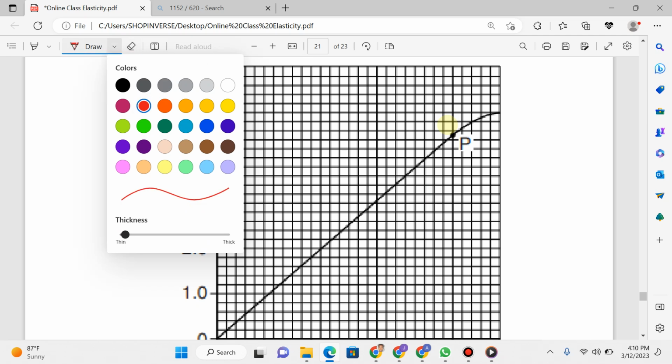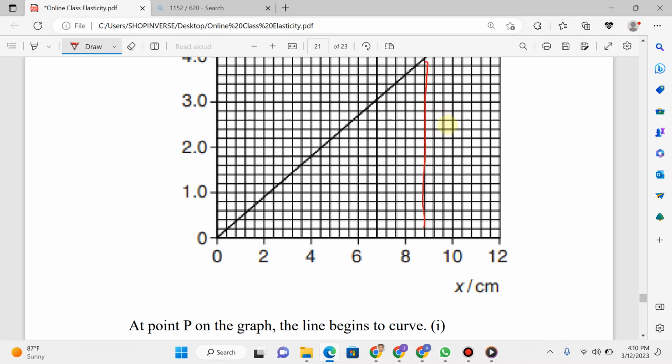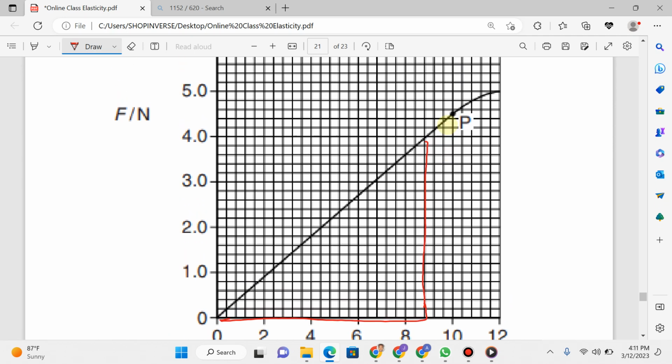Let me use red, just for the sake of the video. So a right angle triangle will look like this. We pick our values like this. You pick the value of the force at this point, and what force do you have there? 4.0 Newton. And what's the value of extension here?